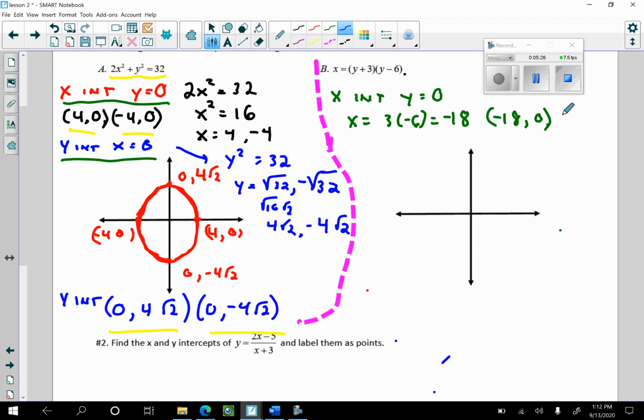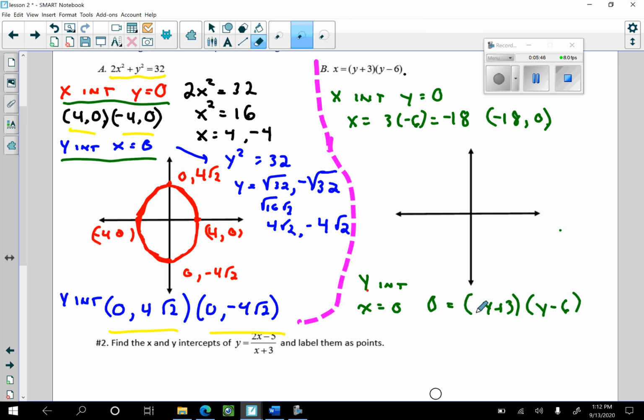And if I want to find the y-intercepts, I'm going to come down here. And if I find the y-intercept, I'm going to let x equal 0. And if I let x equal 0, I have this quadratic I'm solving. Y plus 3, y minus 6. And we learned from our review section that a solution to this particular equation is going to be y is negative 3 and y is 6.